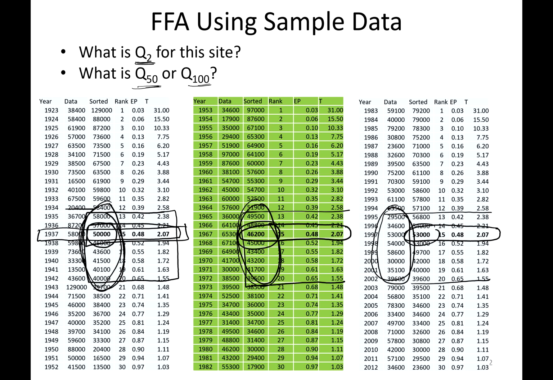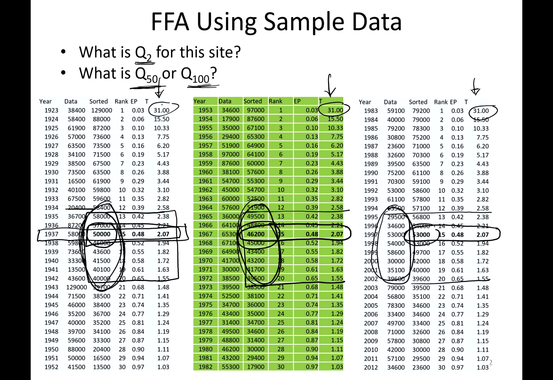Now, what if I want to find a flow corresponding to 50-year return period or 100-year return period? And if you look at this column here for the return period for all these samples, you will see that we don't have any row that gives us return period of higher than 31 year. Okay, so this sample is inadequate for me to get a flow corresponding to a 50-year return period or 100-year return period.